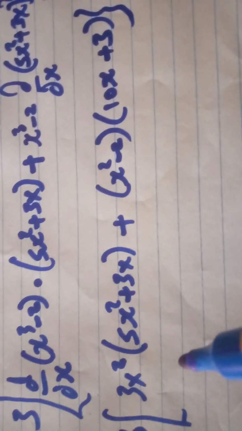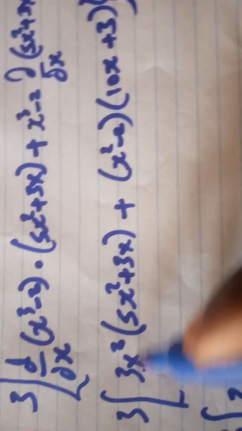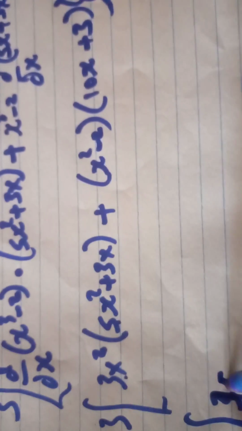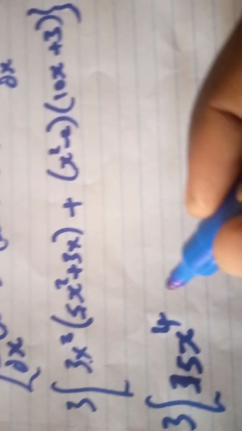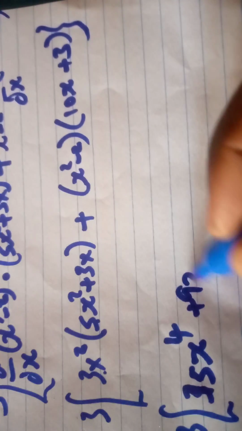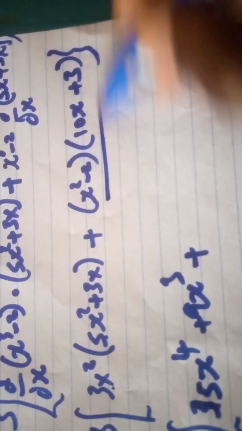I can open the bracket here. I'm going to have 3 times 5, it is 15x power 4 plus 9x power 3, plus, I want to try expanding this one.